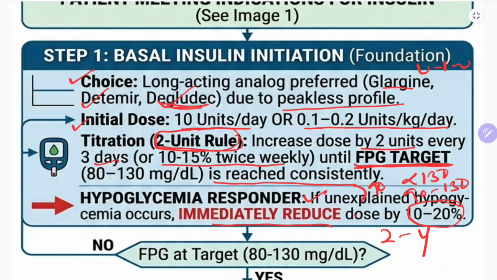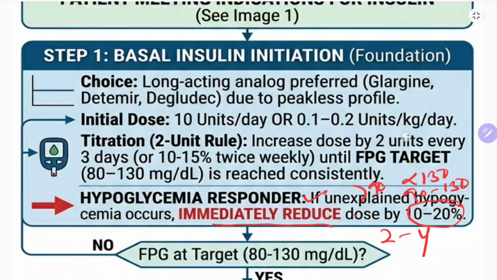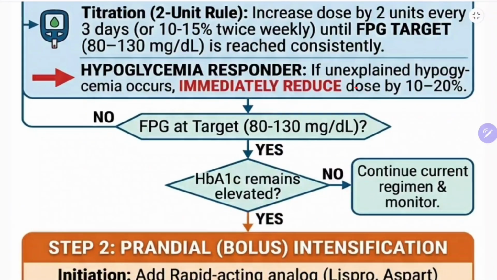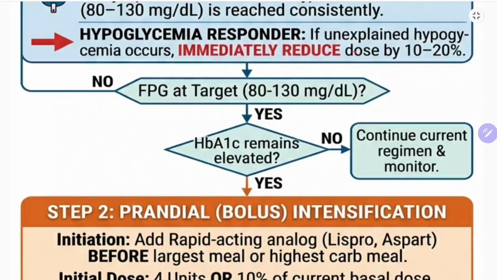So that's how you start basal insulin and titrate by seeing the fasting plasma glucose. And if you suspect any unexplained hypoglycemia, you will reduce the dose by 10 to 20%.